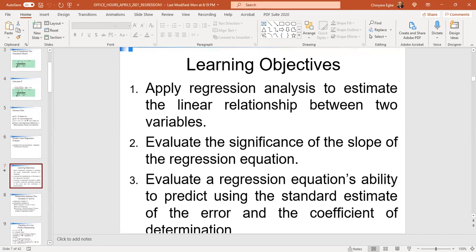And what does it mean to evaluate the significance of the slope of the regression line? I believe we mentioned a little bit of it the last time, okay? For example, if you bring any two set of values of a dependent and an independent variable, you will always be able to find an estimate of a relationship, okay?